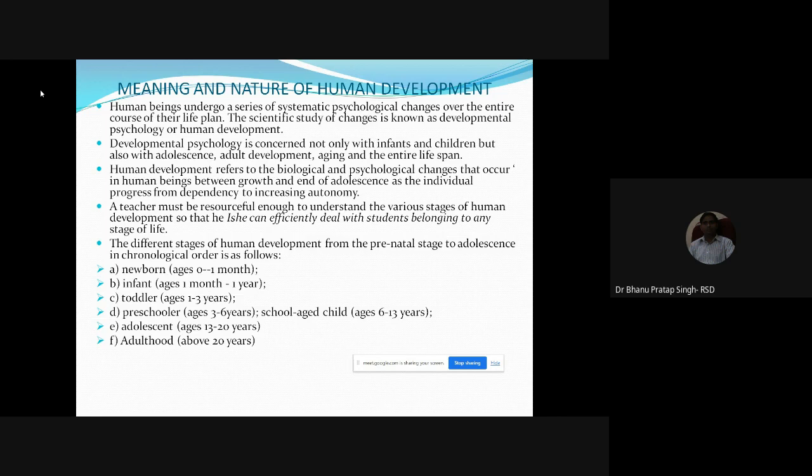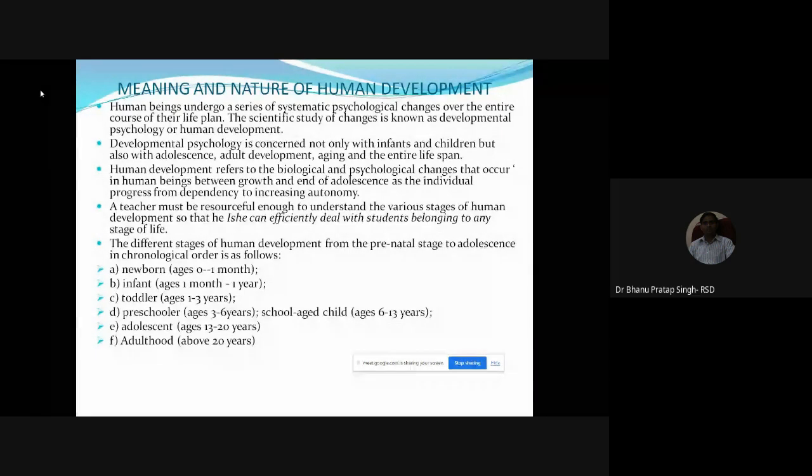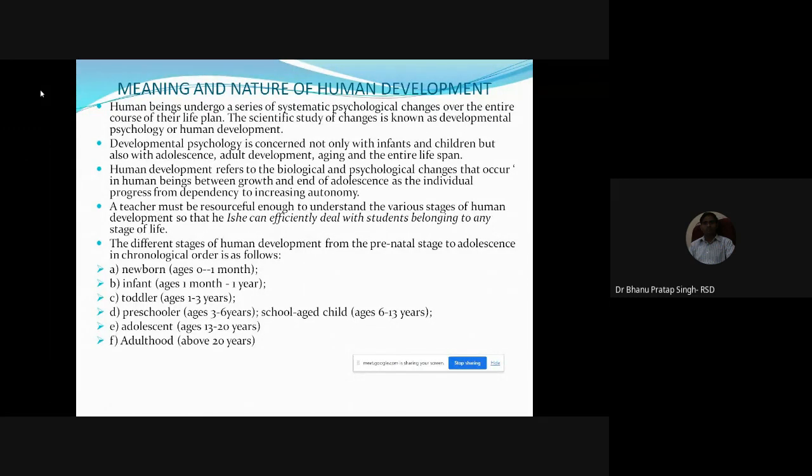So human development refers to the biological and sociological. In previous slides, we discussed human development as biological and physical, but here the term psychological is added.